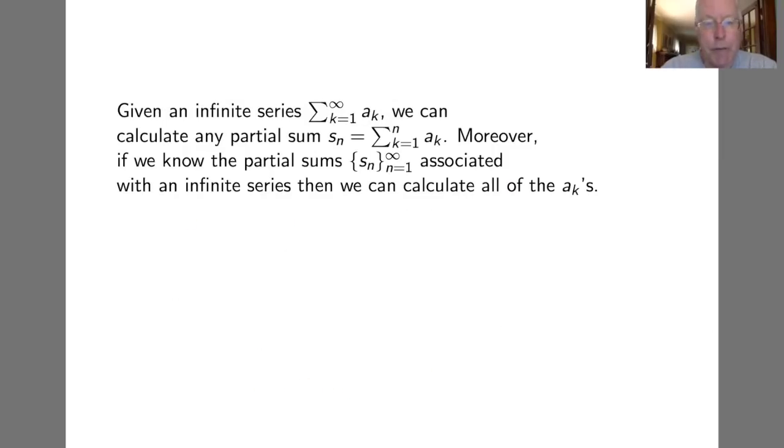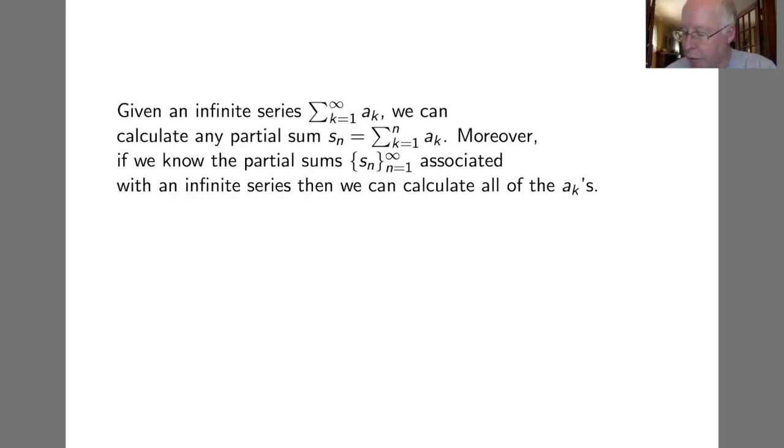Now, given an infinite series, of course, we just saw how we can calculate the partial sums. S sub n equals summation k equals 1 to n a sub k. Moreover, it turns out that if we know the partial sums S sub n, that is that sequence S1, S2, S3, and so forth, then we can find the a sub k's, that is the terms associated with the series.